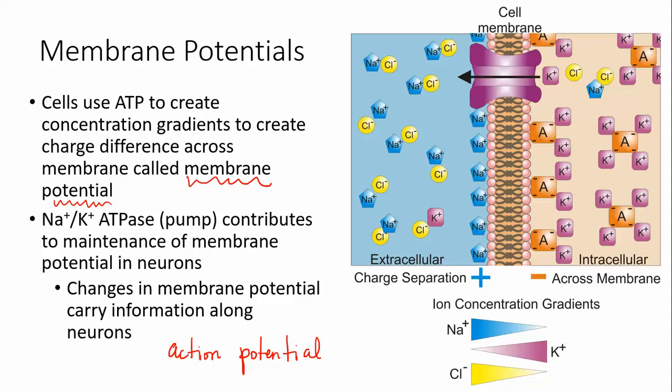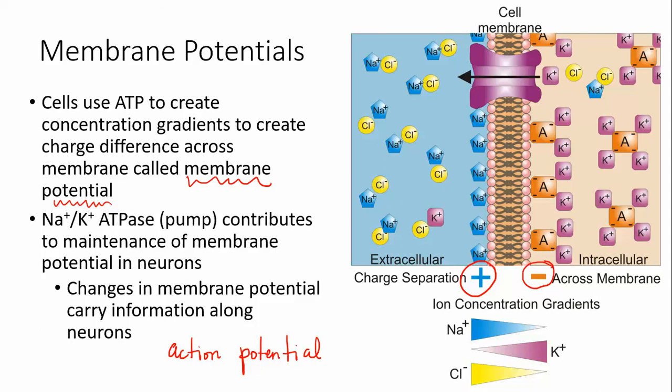So you have in this diagram a negative net charge on the inside, a positive net charge on the outside, and this charge difference means that the membrane potential of this cell is around negative 70 millivolts. You don't need to know that number. You just need to know it's negative.